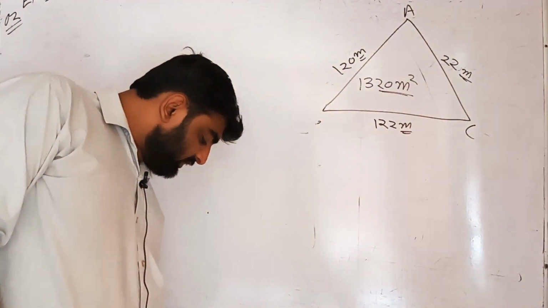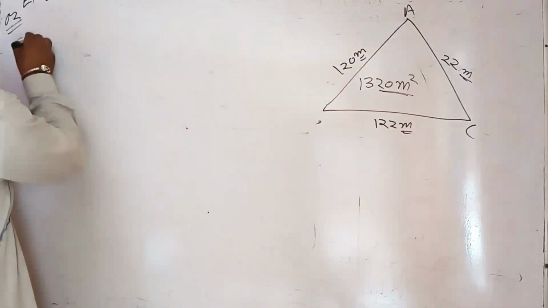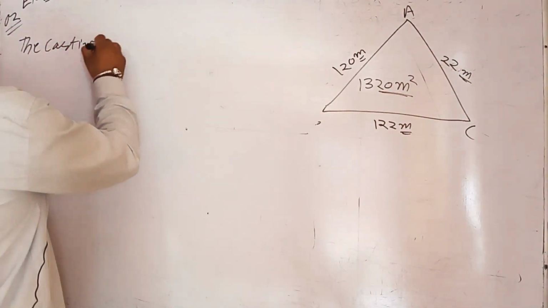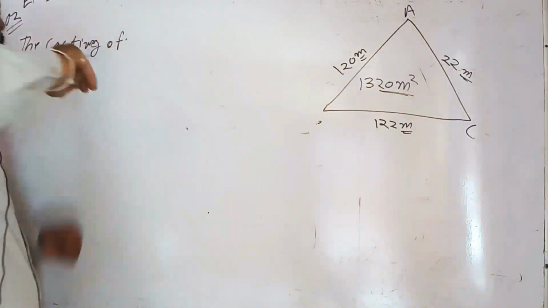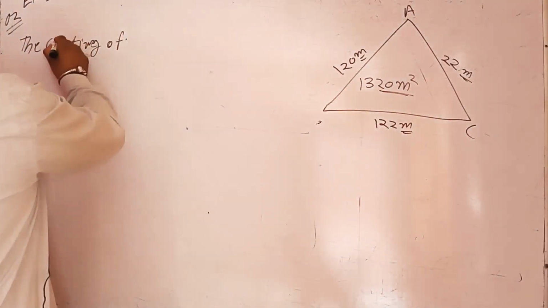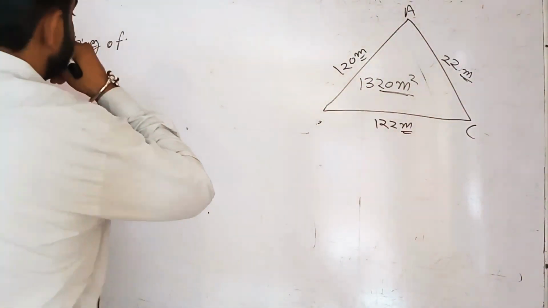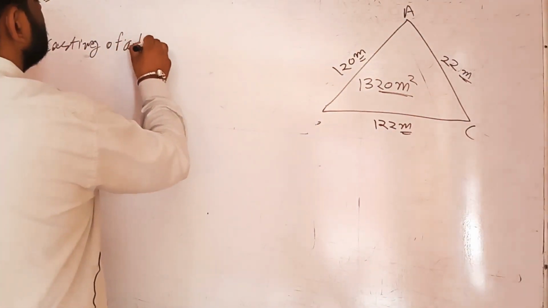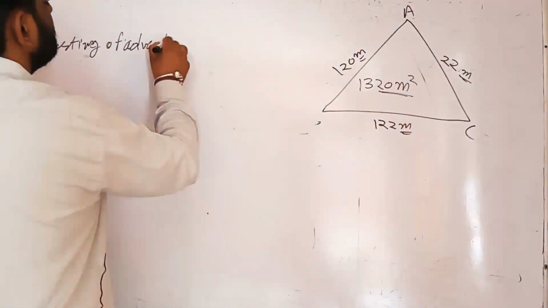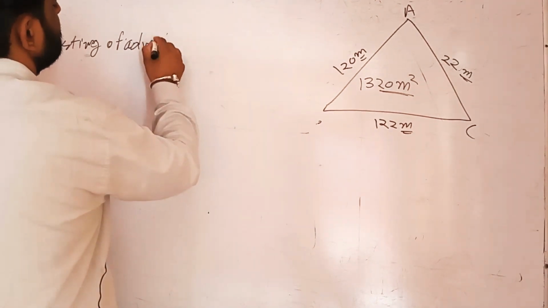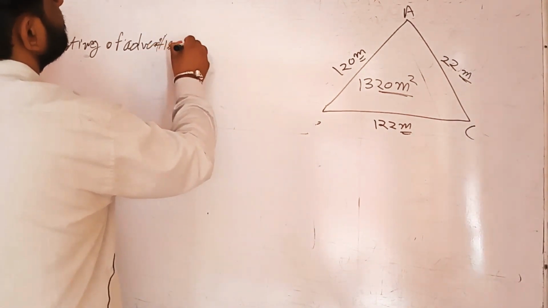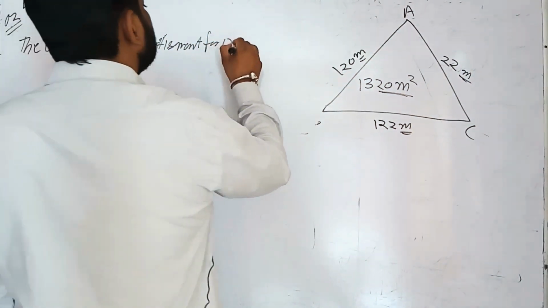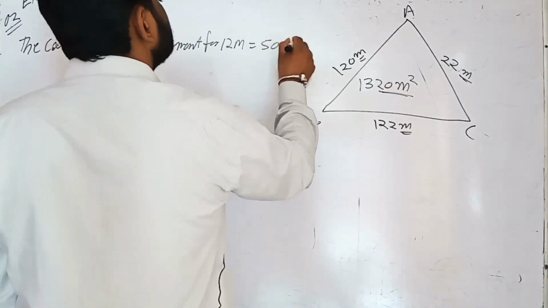So you have to write the costing of advertisement for 12 months, that is 5,000 rupees.